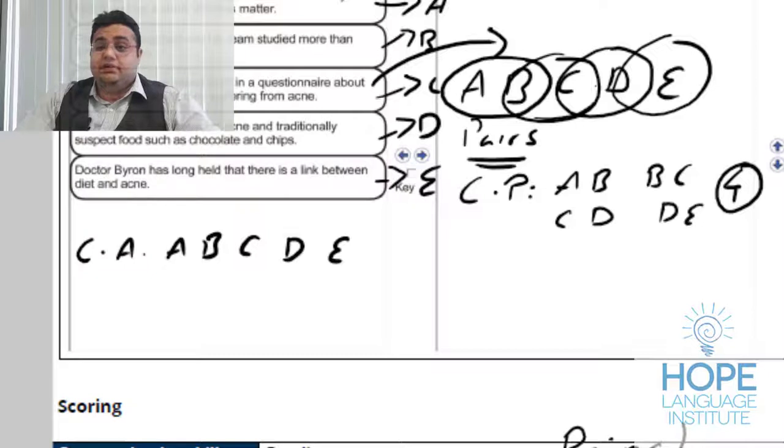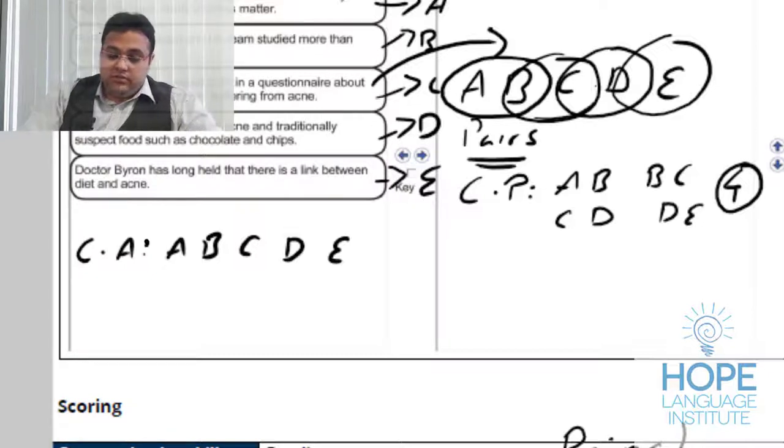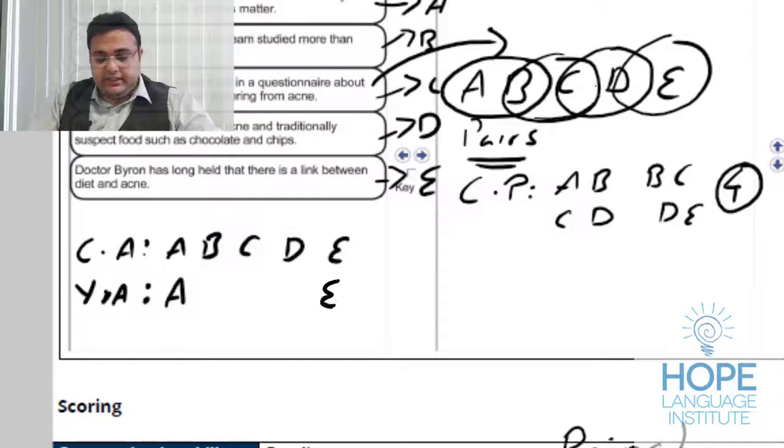But guys, this is not correct. I'll tell you why. Because if this is your correct answer, and let's say your answer is, you got the topic sentence correct, A, you got the ending part correct, that is E, you got the middle part correct as well, that is C, but these two are flipped over.